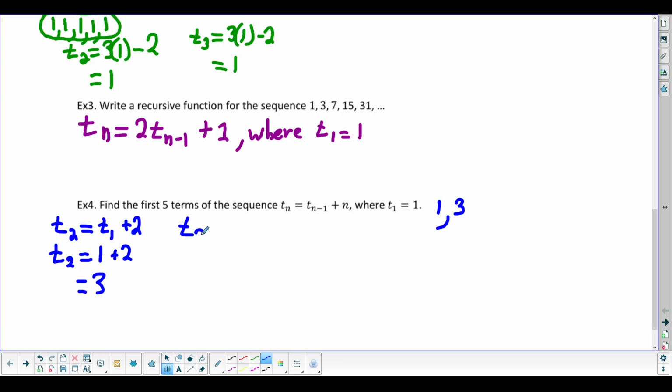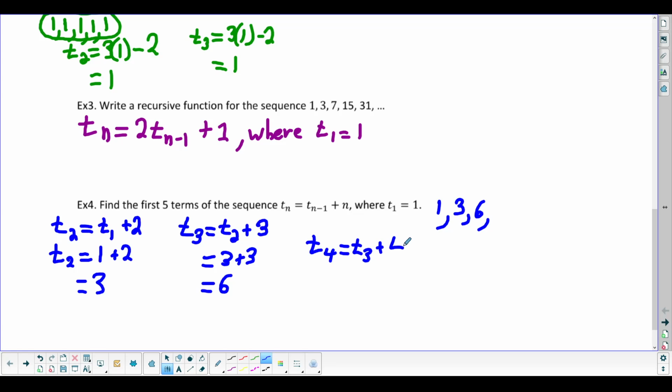Find term 3. It's going to be the value of the previous term, term 2, plus n. So n is 3 for this question. T2 was 3, so 3 plus 3 is 6. Okay, term 4 is the value of term 3 plus 4, the value of n in our equation.